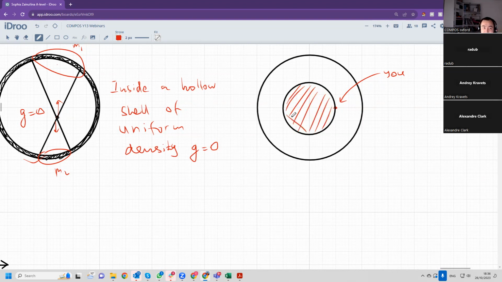This is the part of the Earth that is closer to the center than you. And the outside is a hollow shell, so the outside does not contribute to the gravitational field.